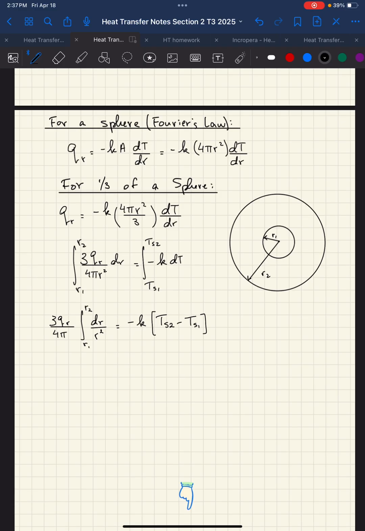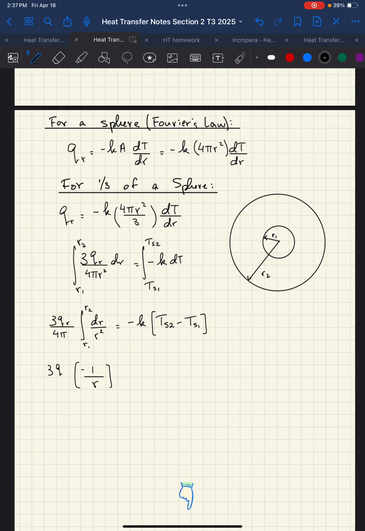The integral on the left-hand side, you can imagine the 1 over r squared is basically r to the minus 2. So when you add 1, it's going to be r to the minus 1, which is basically 1 over r. But then you have to remember that you got to divide by that exponent, so you have a minus 1 overall factor that comes in.